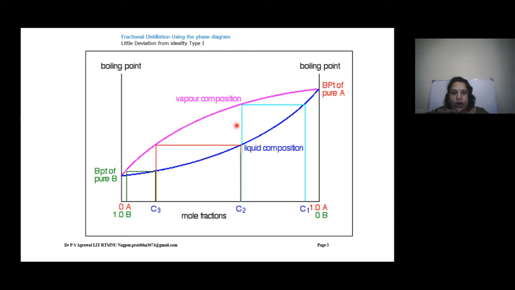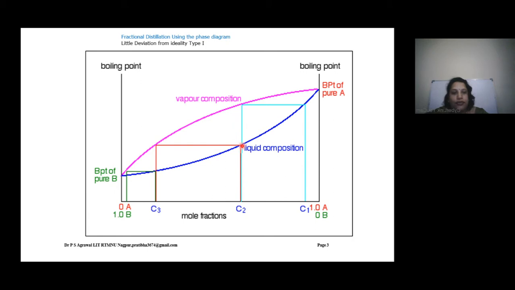Now if we boil the liquid having the composition C1, suppose we have this. If we boil it, we will reach here, and the vapors which we get have this composition. If we condense these vapors, we will get the liquid here.